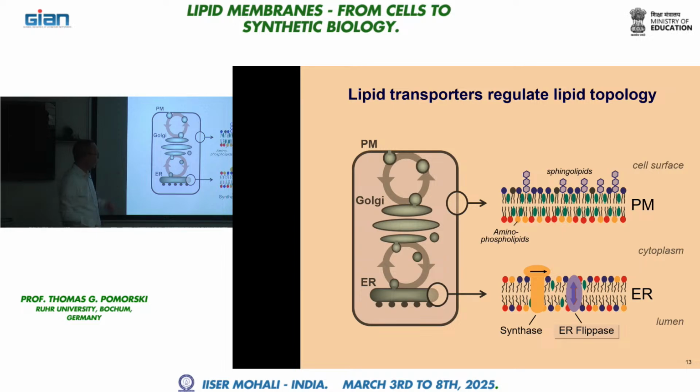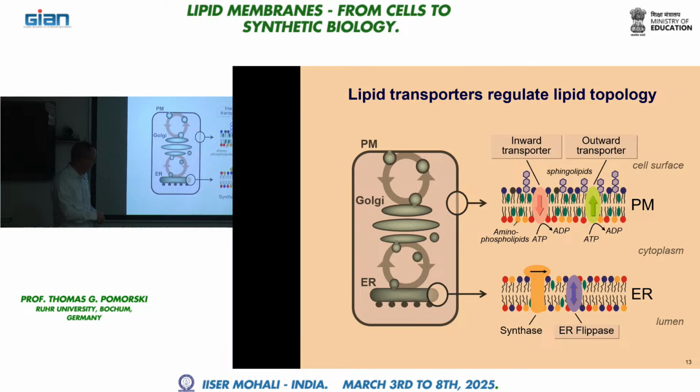Basically, you use active transporters, flippases and flopases, that move specific lipids only to the inside or only to the outside. And you avoid that those proteins ever make it to the plasma membrane, right?